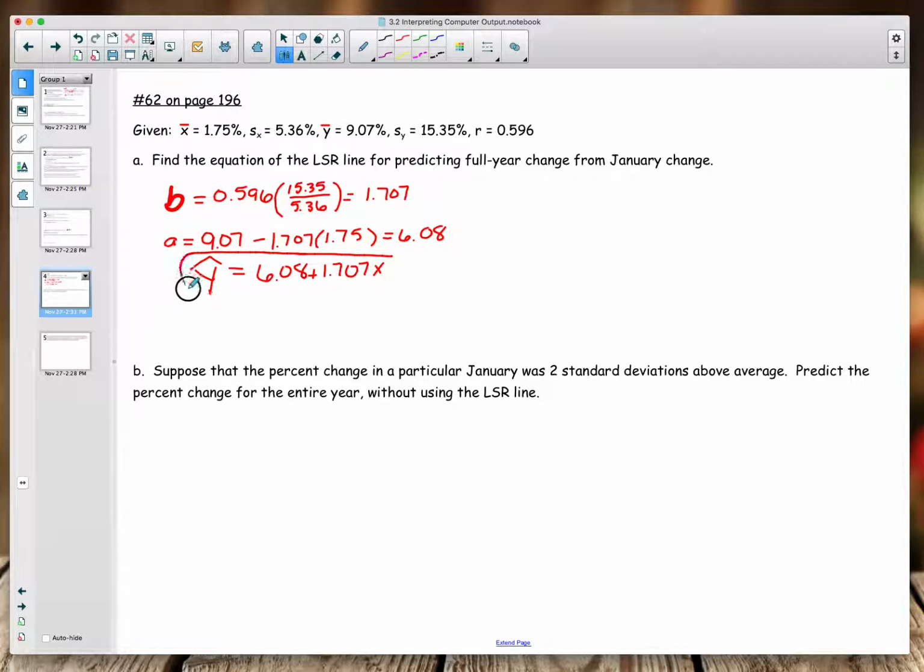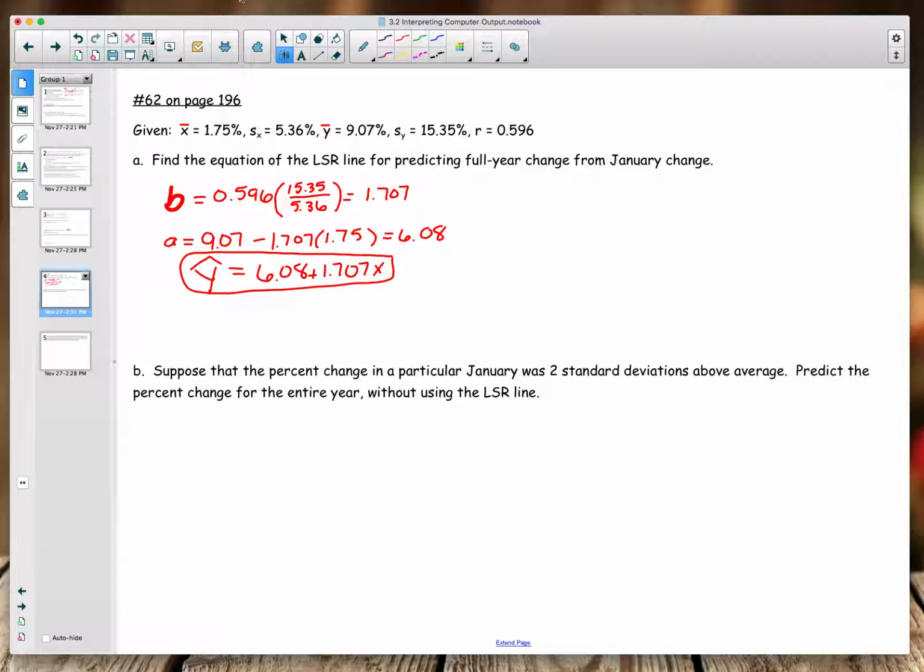Okay, so there is our least squares regression line. All right, and so then the most recent thing that we just talked about: suppose that the percentage change in January was 2 standard deviations above average. Predict the percent change for the entire year without using the least squares regression line.